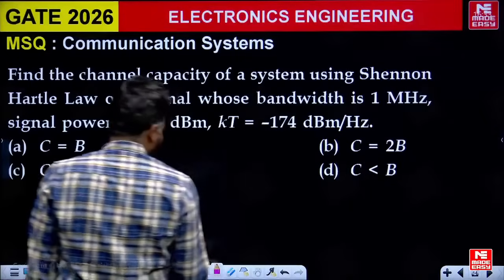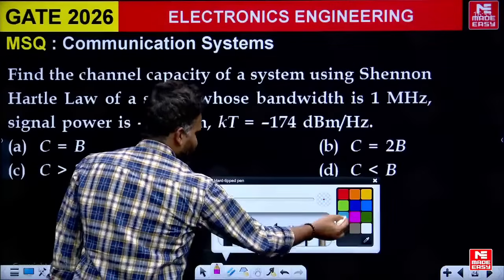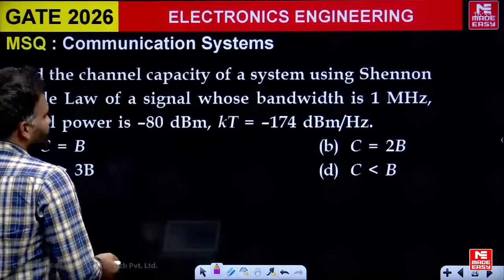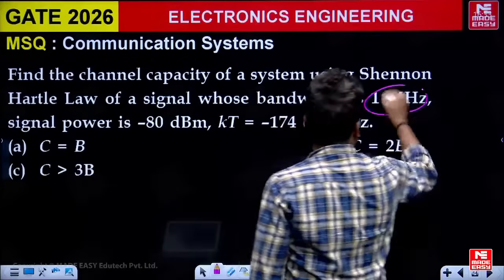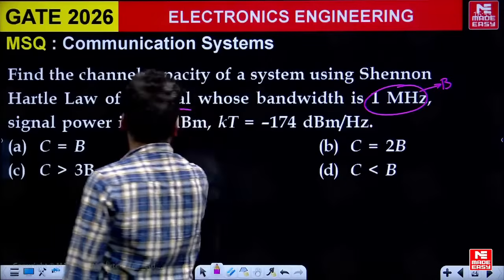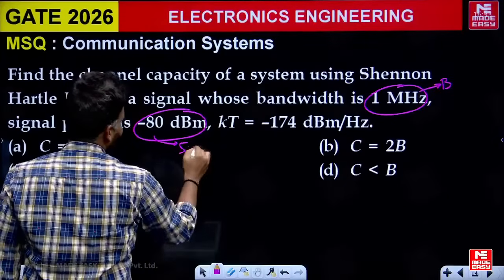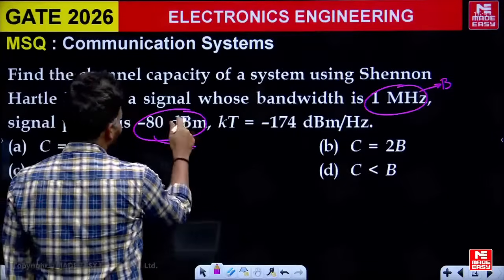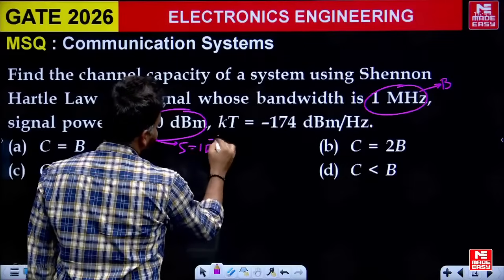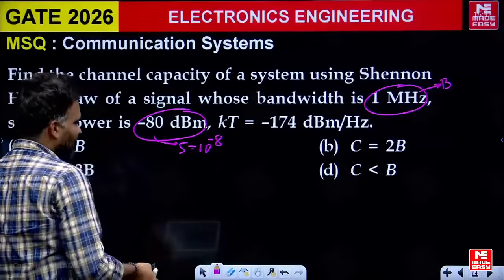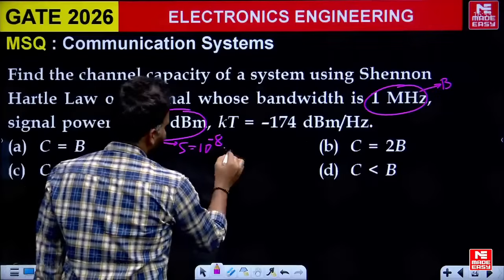And this next question is about finding the channel capacity. It is also a straightforward question. Here the bandwidth is given as 1 megahertz. The signal power S is given as minus 80 dBm. If it were just given as minus 80 dB, the corresponding normal value would be 10 power minus 8, but it is in dBm, milli, so there is also a factor of 10 power minus 3.